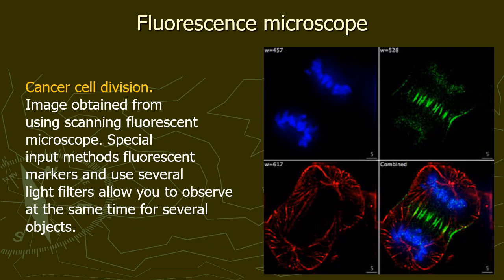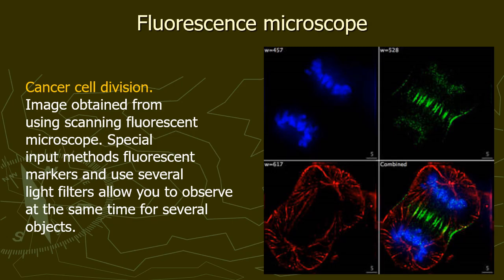Besides ultraviolet radiation, we also use a fluorescent microscope. It captures the glow of individual atoms and molecules, and therefore in this case the resolution will increase. Here we have an image that corresponds to the division of a cancer cell. We introduce special markers. Fluorescent markers bind to molecules, and they correspond to different wavelengths.